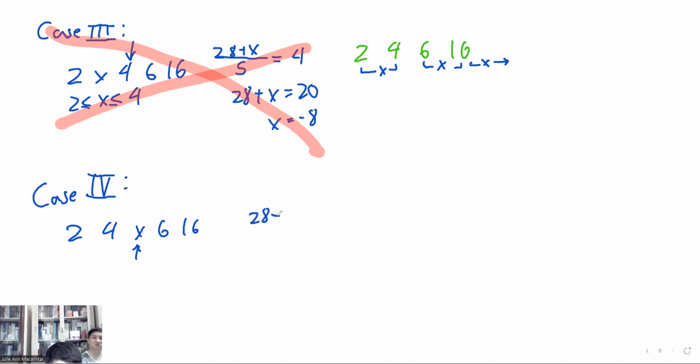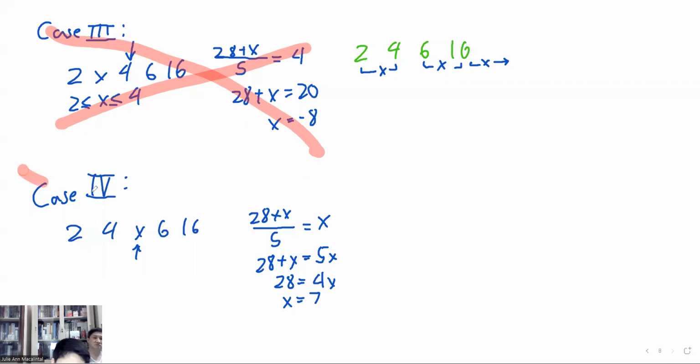So (28 plus x) over 5 equals x itself. So 28 plus x equals 5x, so 28 equals 4x, x equals 7. But look what happens. We assumed that it's in between 6 and 4, but in fact it is not.